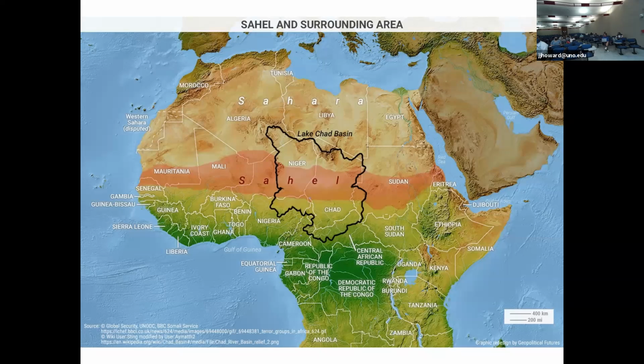So this is the Sahel, this reddish area here. It is the southern border of the Sahara Desert. It expands to the south and contracts to the north, depending on what phase of climate we're in. It's actually quite damp during ice ages for whatever reason.